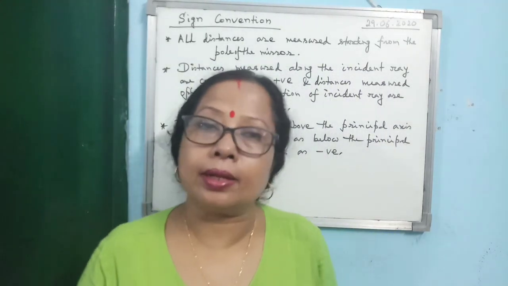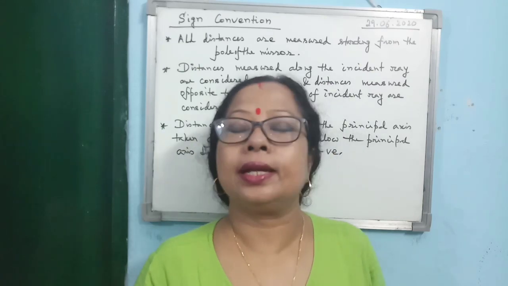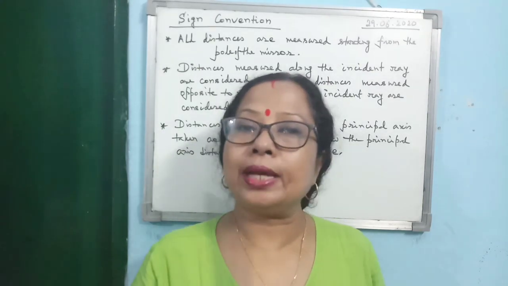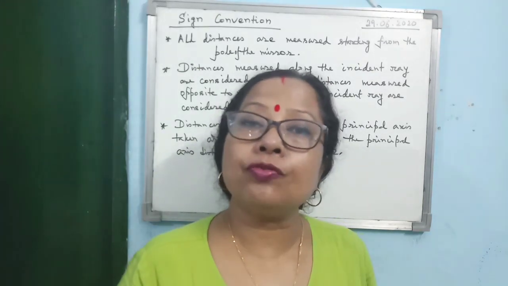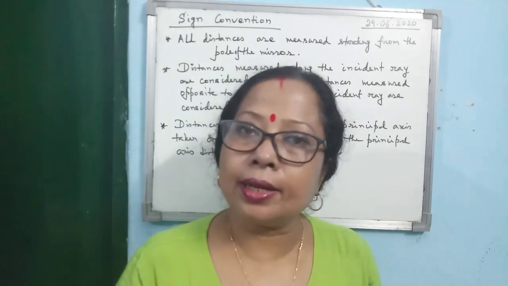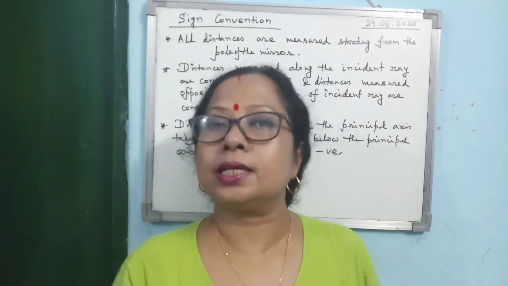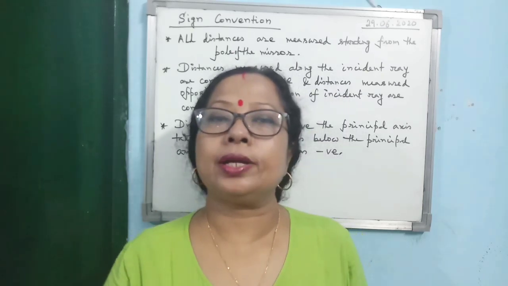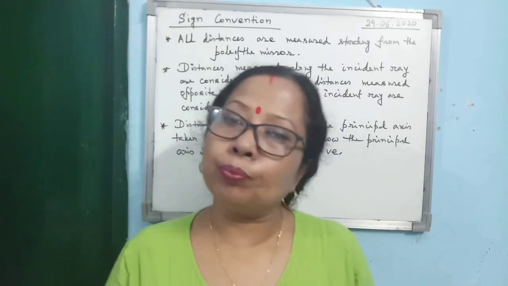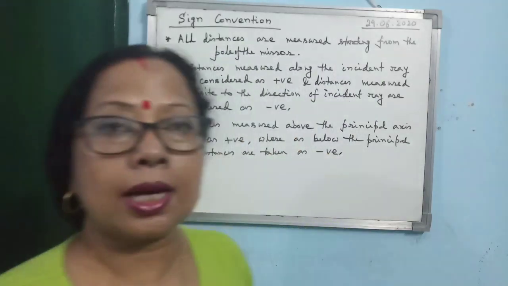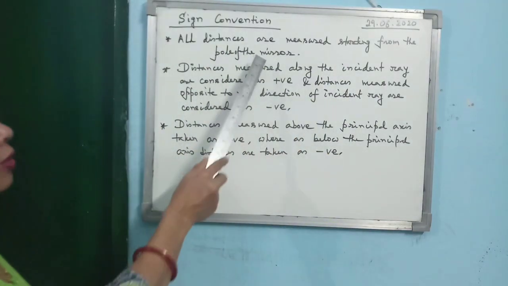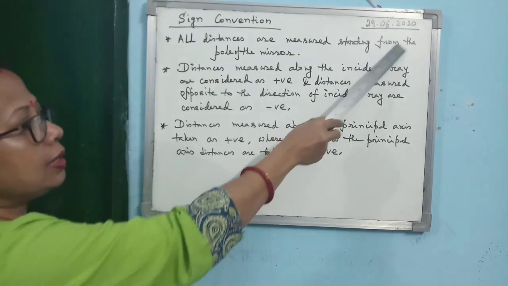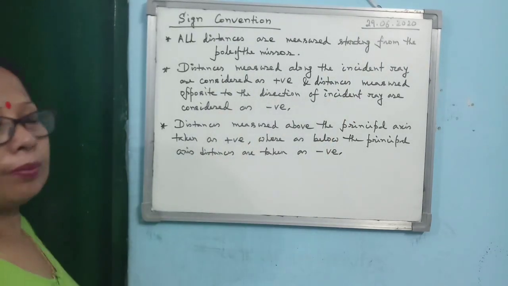But in case of mirror, when we measure the distances, then always you have to measure the distance starting from the pole. Alright, you cannot measure the distance starting from any other point. So your starting point for measuring any distance should be the pole. Okay, so this is the first point for sign convention. All the distances are measured starting from the pole of the mirror.